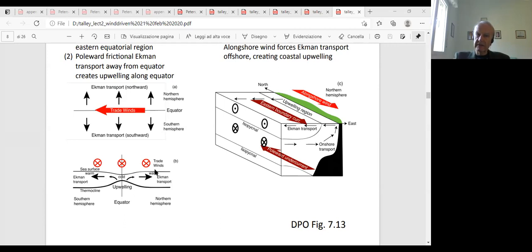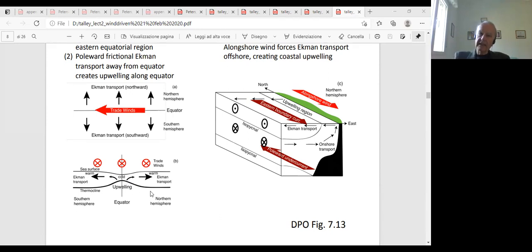This is the sea surface. You can see that this sea surface shows a valley. Why does it show the valley? Because there is the loss of water volume in the area of the equator, because you have a divergence.